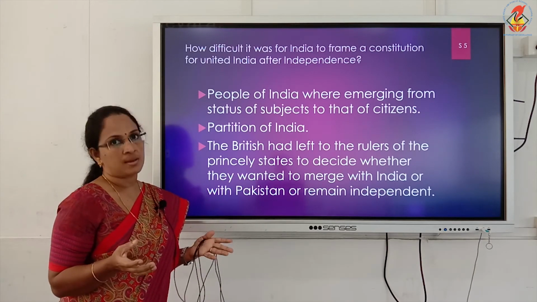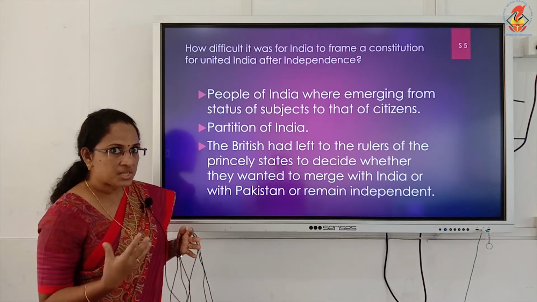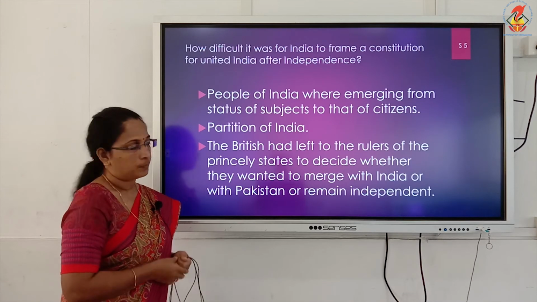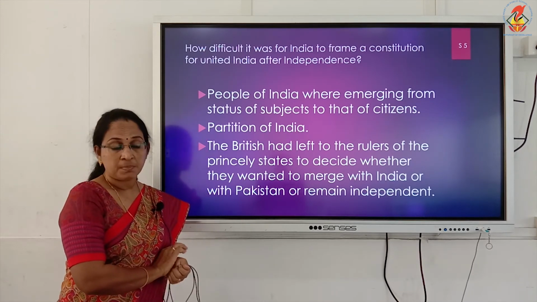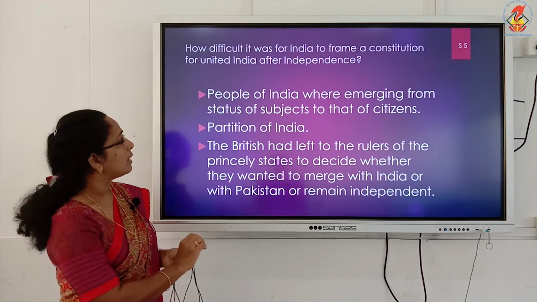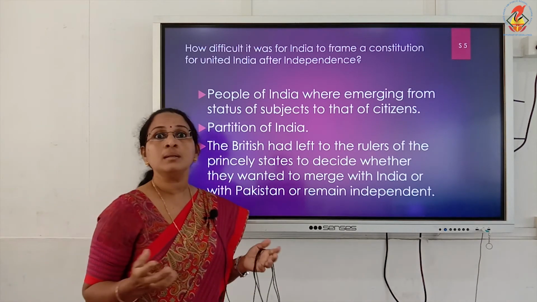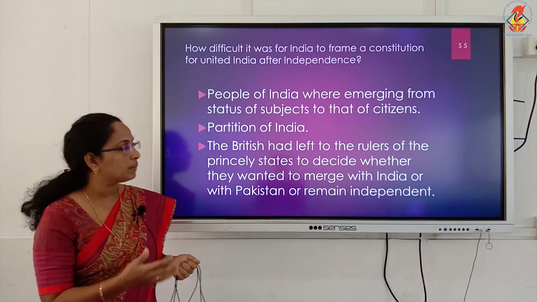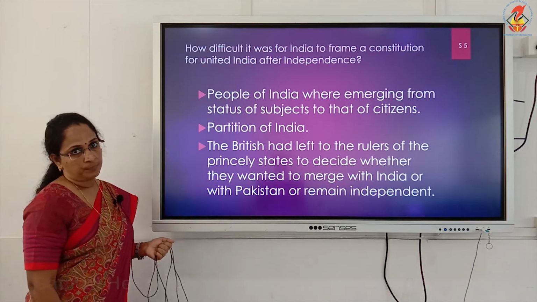Citizens, a free man, a legally accepted person in a country. That was a challenge. Then the second was partition related issues. Third was the problem with the princely states. The Britishers had left it to the rulers of the princely states to decide either to merge with India or with Pakistan or remain independent. These were the 3 challenges.